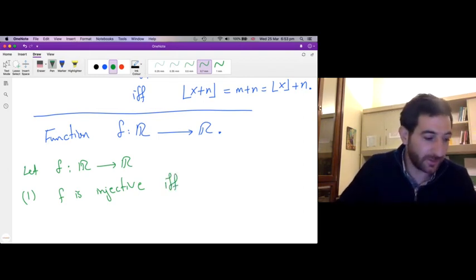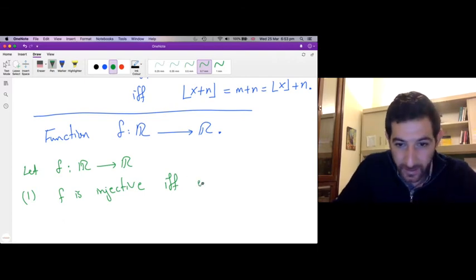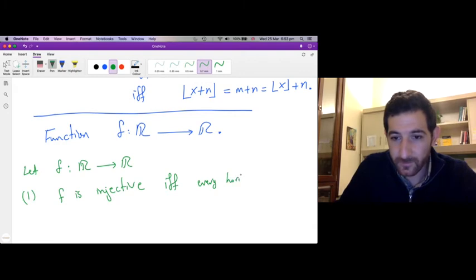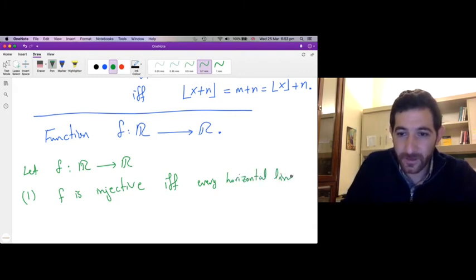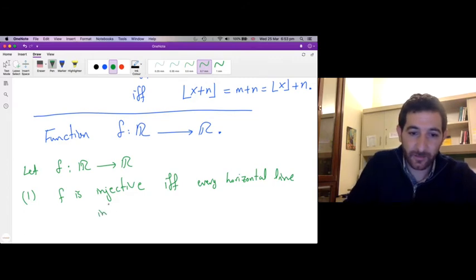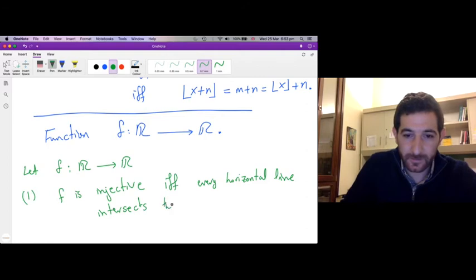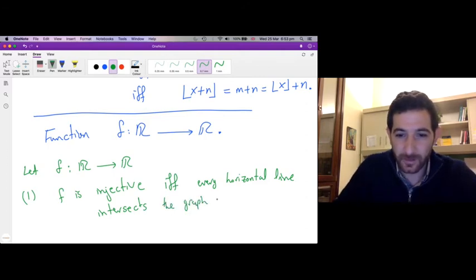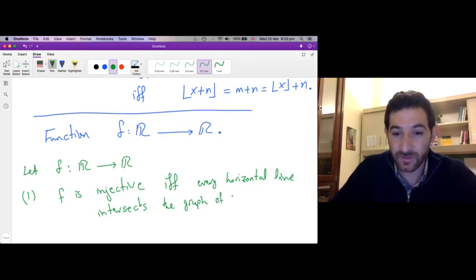If and only if every horizontal line intersects the graph of f at most once.